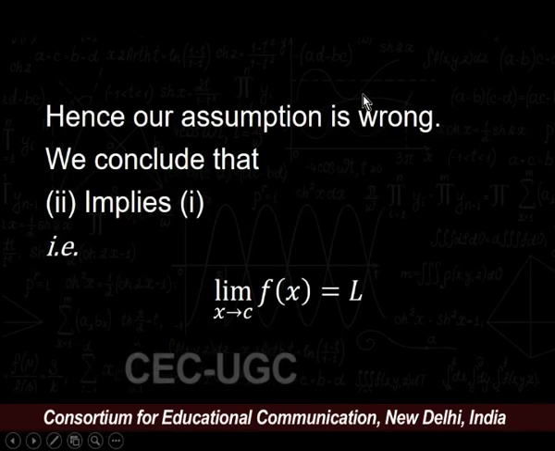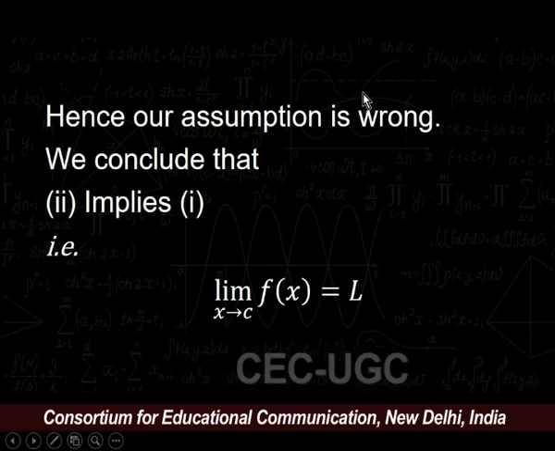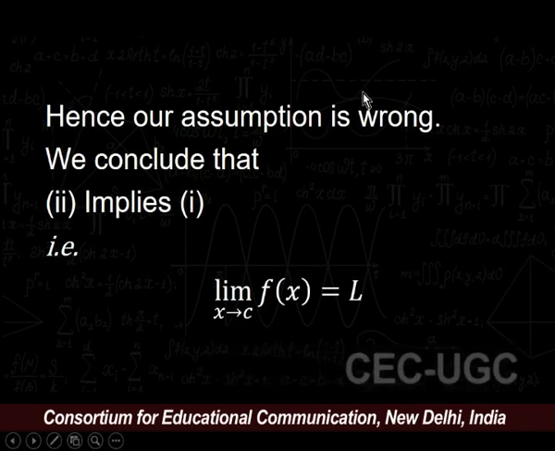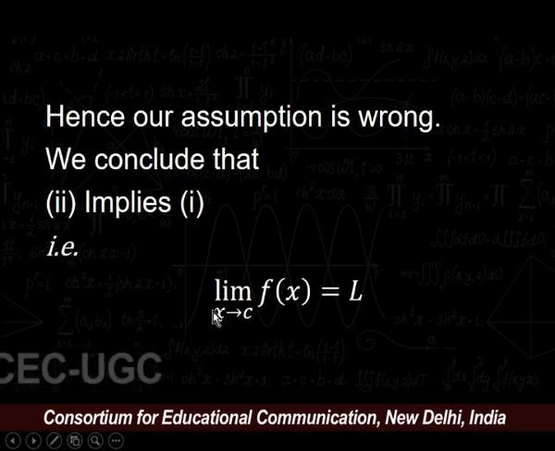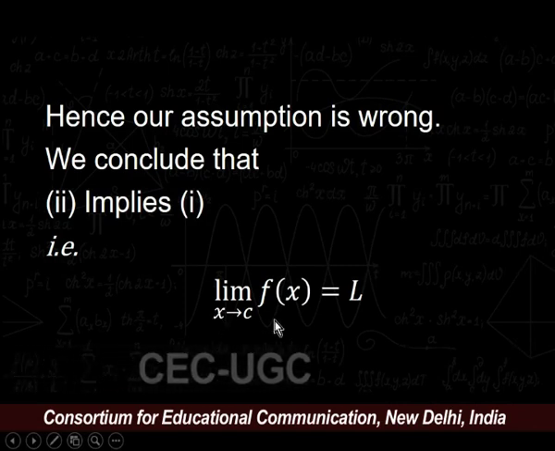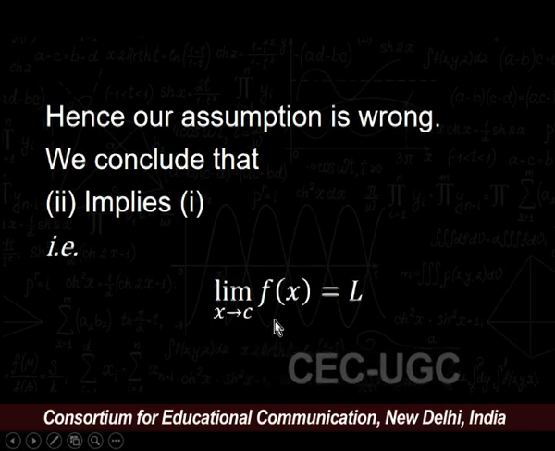Then we can say that our assumption is wrong. We conclude that limit of f of x is equal to L as x approaches C. Hence, second implies first.